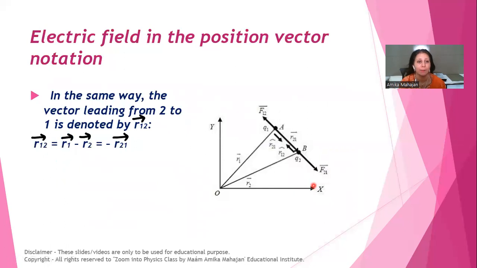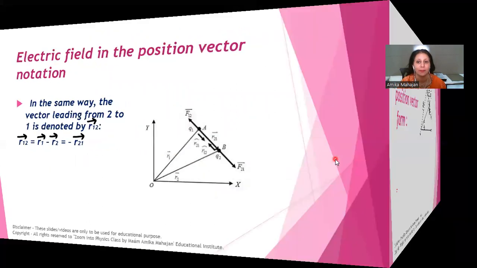For that, we should keep in mind that if I want to find field at point B, then R2 is the final position, R1 is the initial position. So it will be final minus initial. This will be R21 vector, the displacement vector between A and B points.